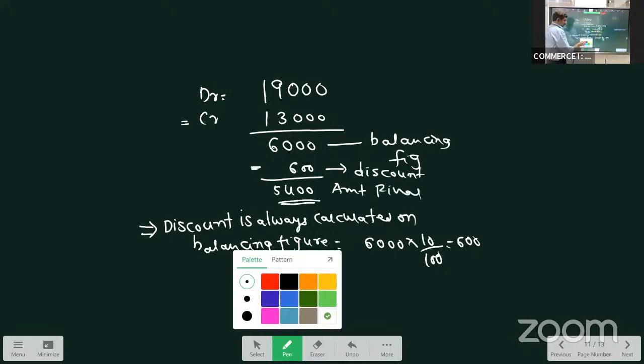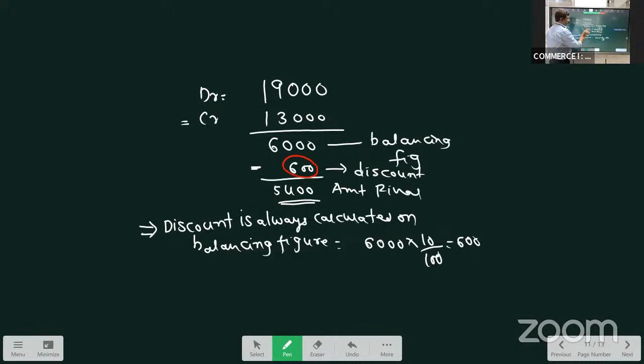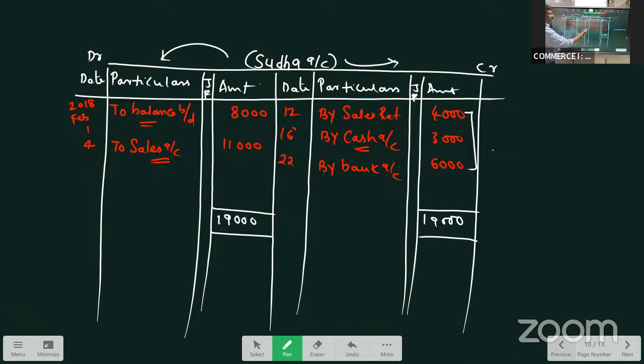This is the final amount. Okay. And these two figures will appear in our ledger on the deficit side. 600 discount and the net amount due will appear on the deficit side. So 600 and 5,400. Which side is deficit? Credit side is deficit. On 28, balancing is done.